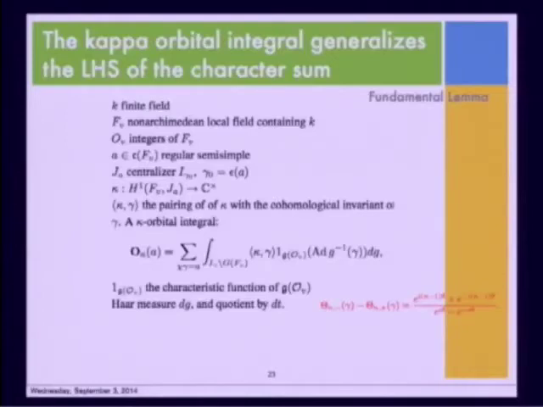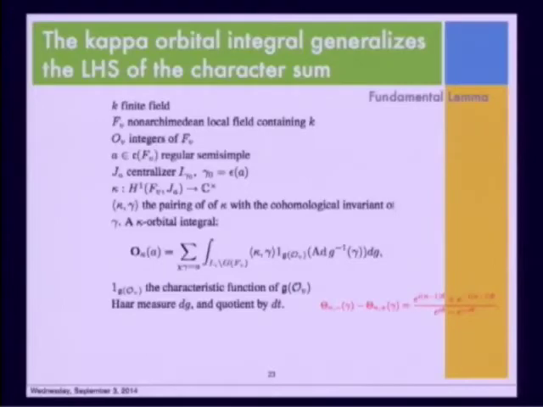I've repeated it down at the bottom right, this identity of characters that I showed at the beginning. Instead of a linear combination of characters, we now have a linear combination on the geometric side. And what we want to do now is to relate this to a right-hand side where all of the signs are now positive, but we're now on a much smaller group than before.